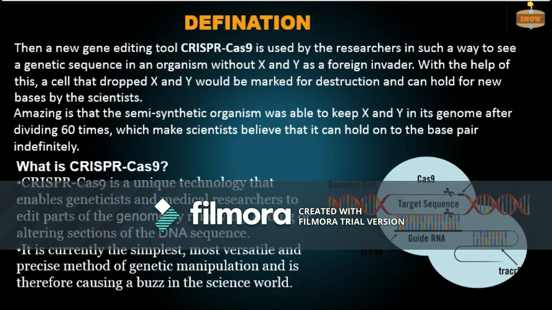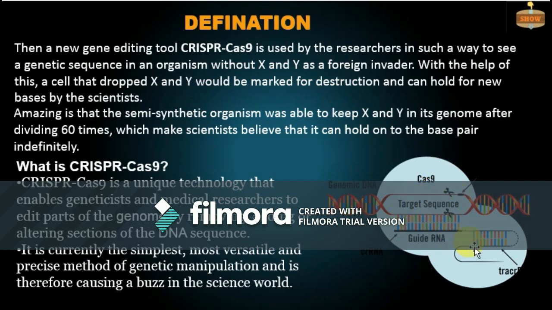So what is CRISPR-Cas9? It is a unique technology that enables geneticists and medical researchers to edit part of the genome by removing, adding or altering sections of the DNA sequence. You can see by this diagram how it is used to know the target sequences.